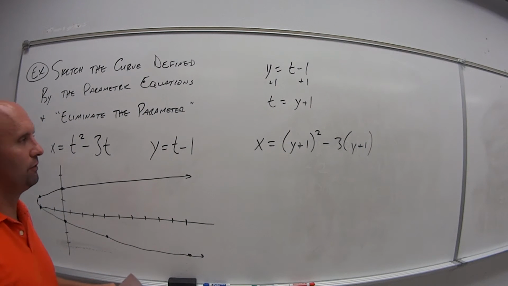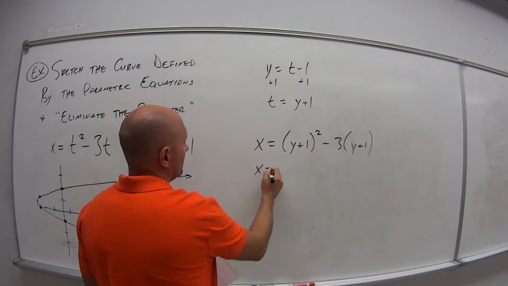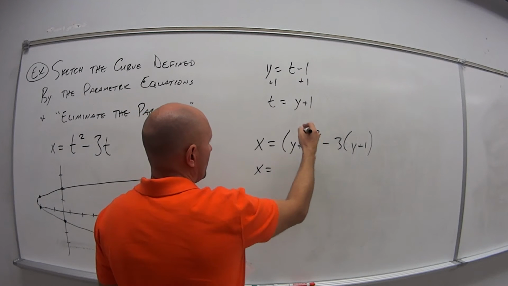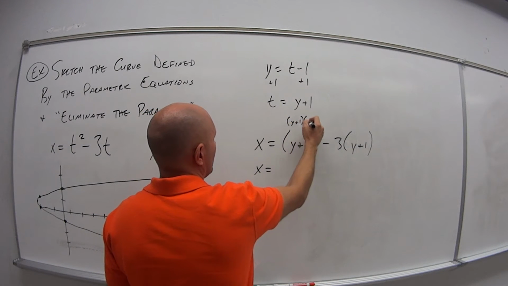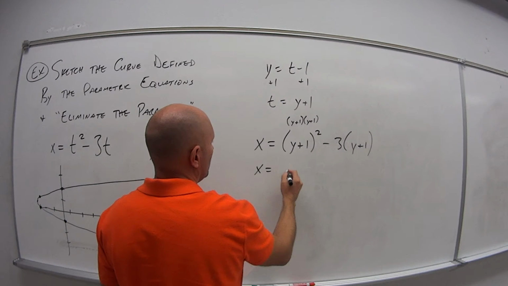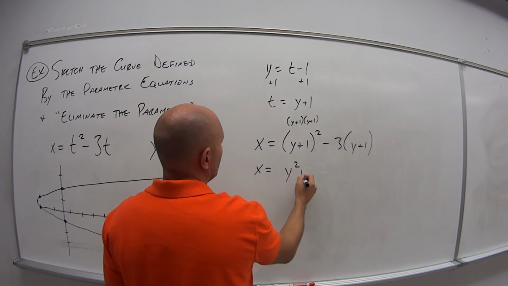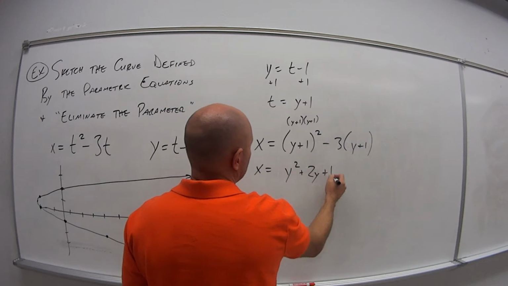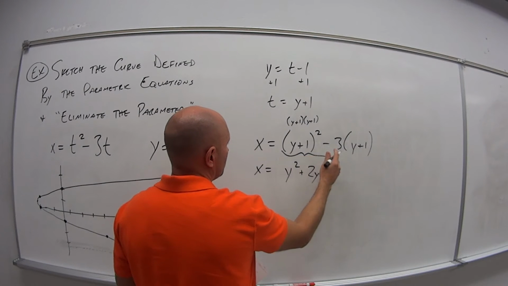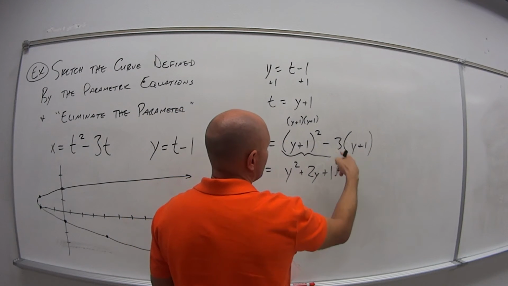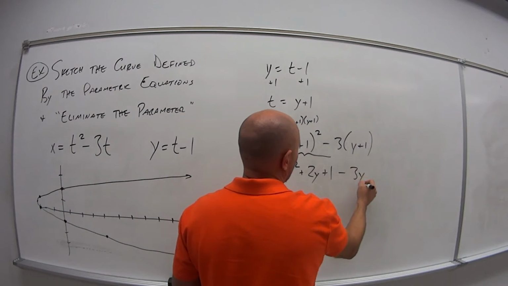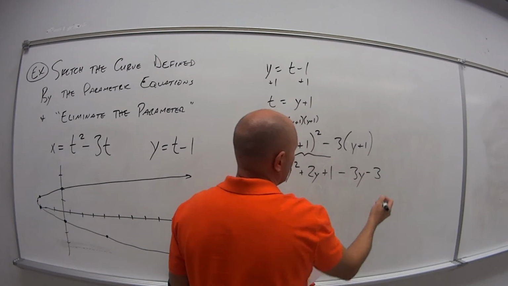Now it's just a matter of simplifying. So y plus 1 squared, remember this is like y plus 1 times y plus 1. So if I FOIL it, I get y squared plus 2y plus 1. So that's from this first piece. And then here if I distribute the minus 3, I get minus 3y and minus 3.